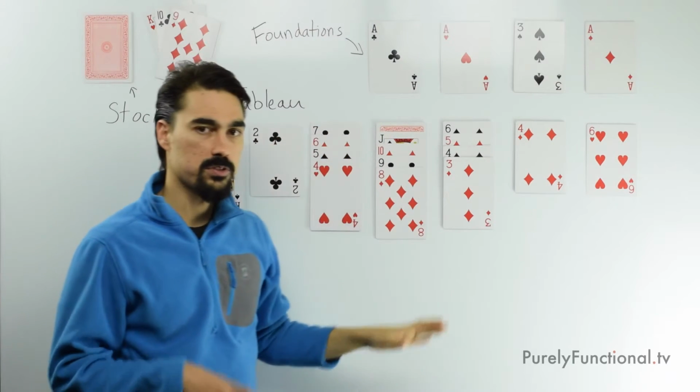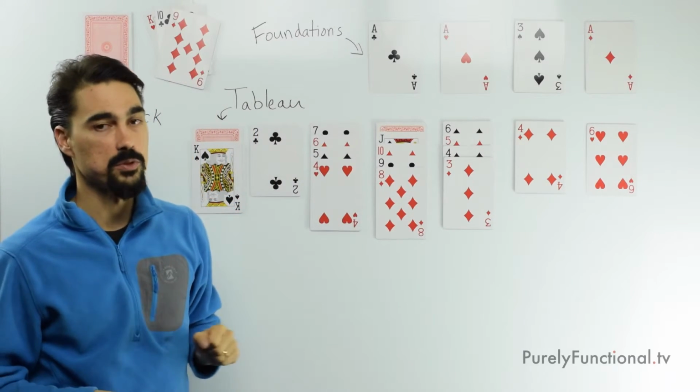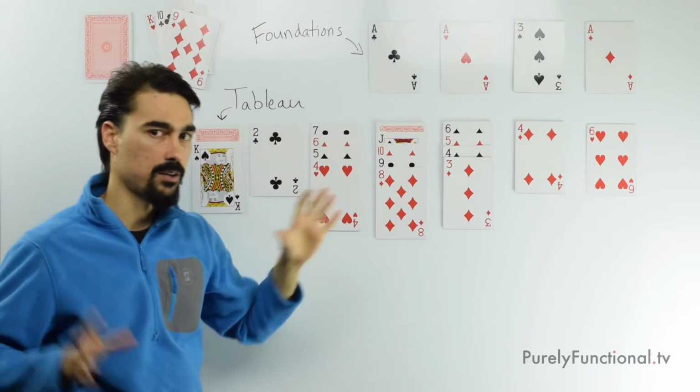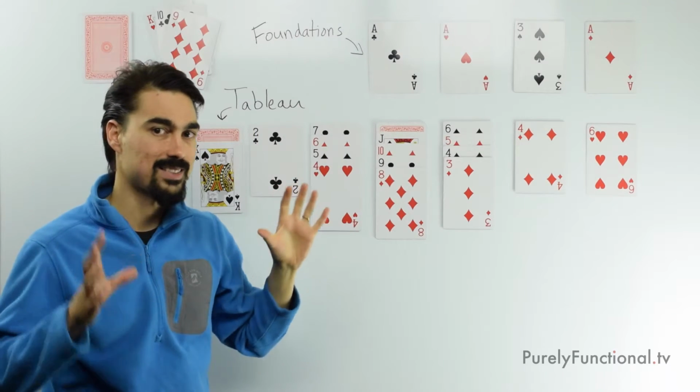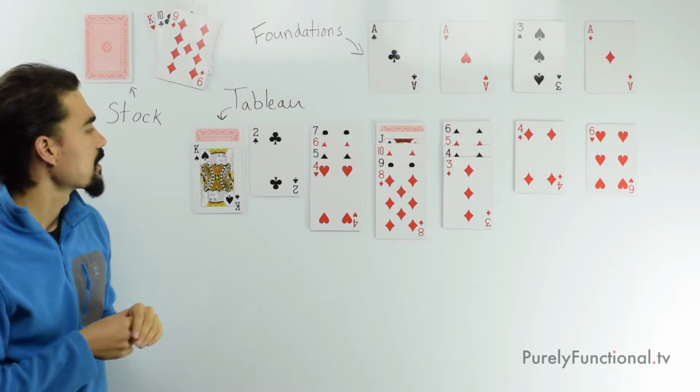There's some interesting rules about those, but we'll get to those when we talk about how to make moves. Right now we're just trying to model all of the state of the game, not the transitions between different states.